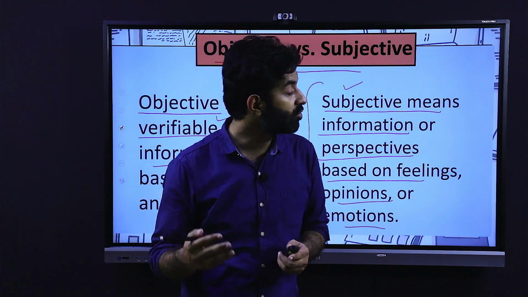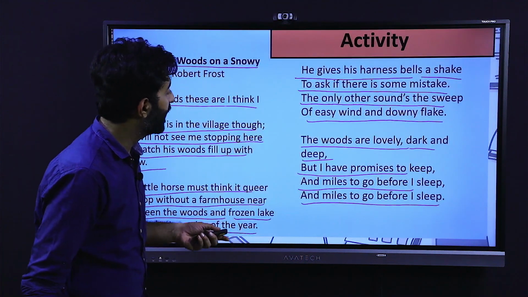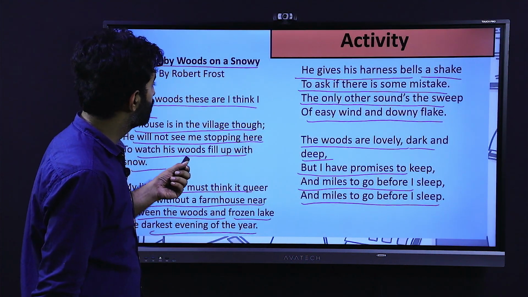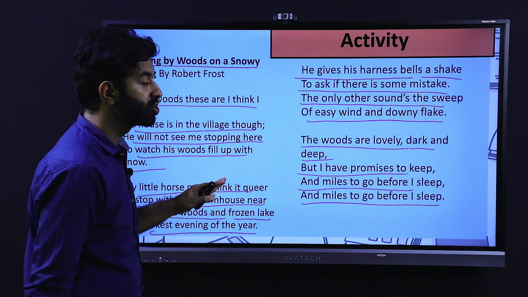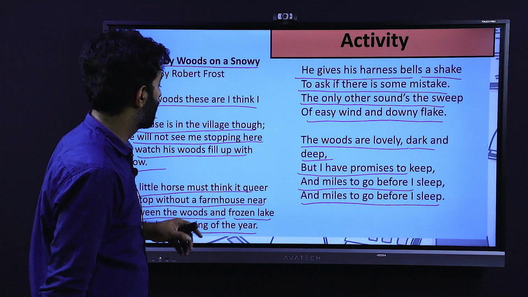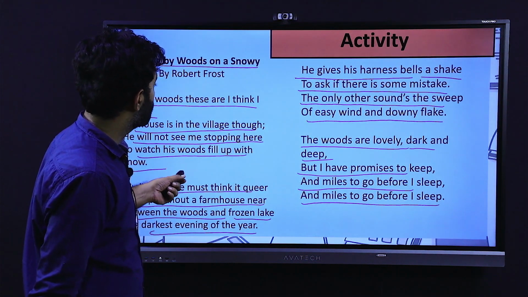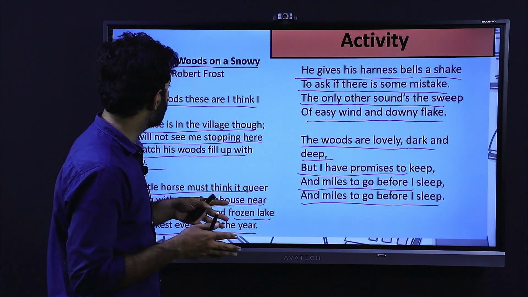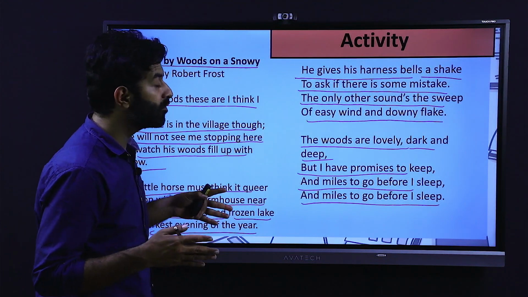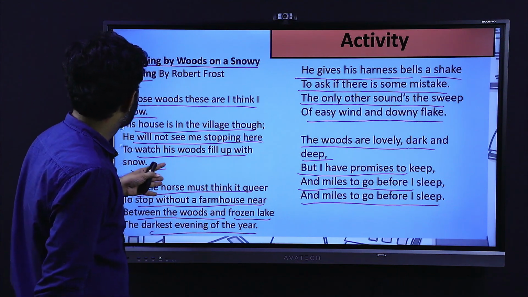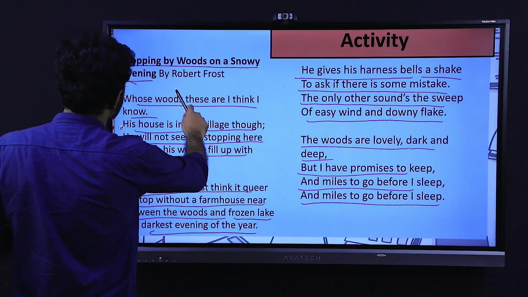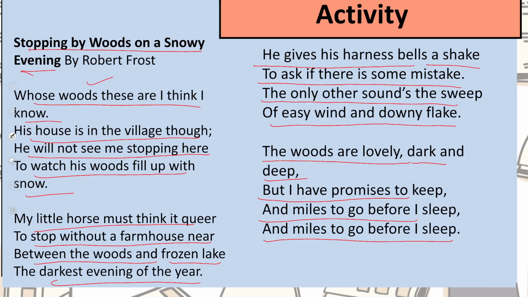Now I would like you to summarize this poem as an activity, but you have to be pretty much objective about it. Now, we know that the poet is on a horse, he's going away, and he's going into the woods. Now, he's describing and he's thinking whose woods these are. His house is in the village. He will not see me stopping by here.